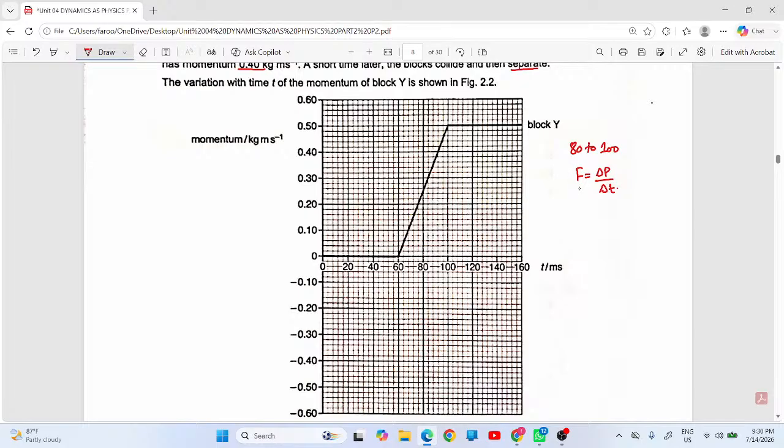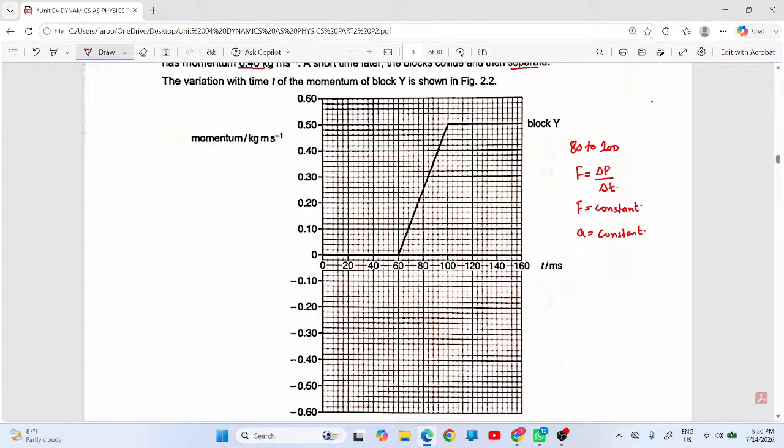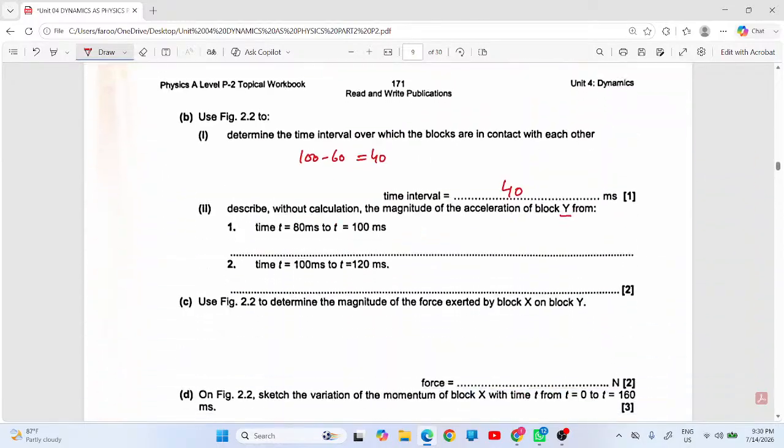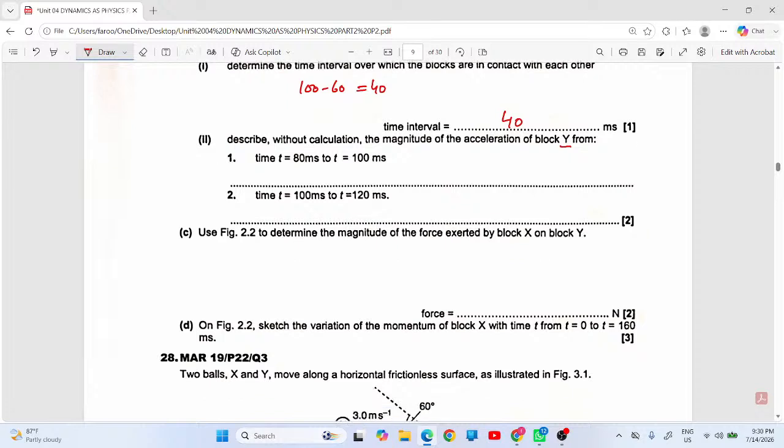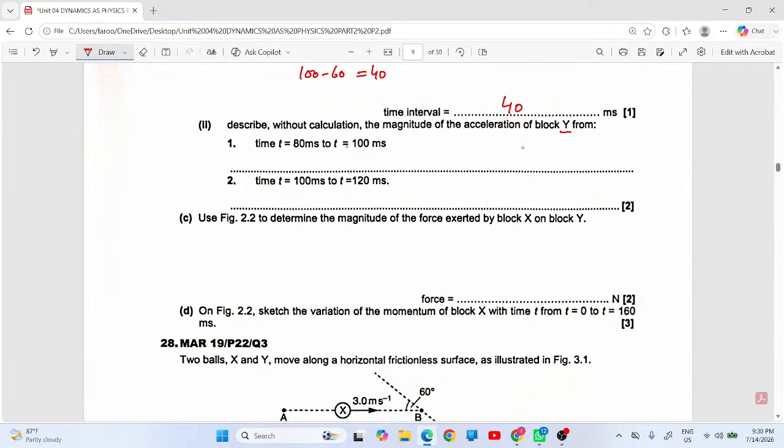If the gradient is constant, force is constant, and when force is constant, acceleration is also constant. From 80 to 100 milliseconds, the magnitude of acceleration is constant.